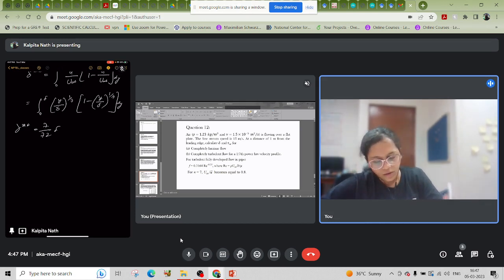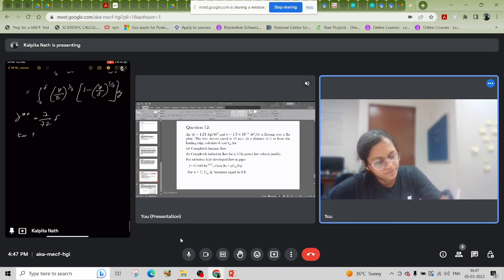Okay, now for turbulent flow, Darcy friction factor for fully developed flow is minus dp dx is equal to rho f u average square by 2d. This is equation 1.